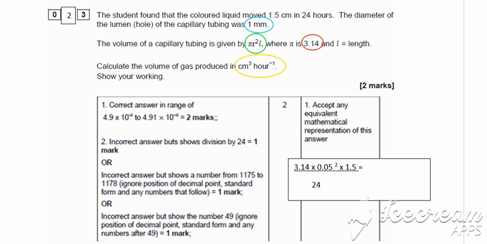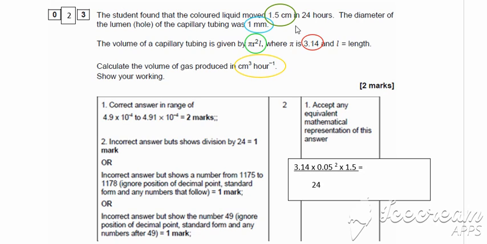So in order to convert it from millimetres into centimetres, there are 10 millimetres in 1 centimetre. So your 0.5 millimetres will become 0.05 centimetres. The L we are also given in the question because they tell us that it has moved 1.5 centimetres in the 24 hours.